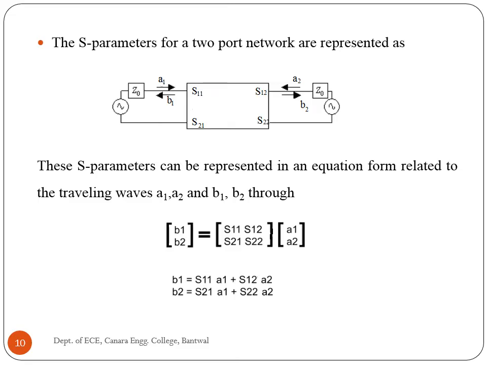S parameters are usually displayed in a matrix format with the number of rows and columns equal to the number of ports. These S parameters can be represented in an equation form related to the traveling waves A1, A2 and B1, B2, where A1, A2 are the incident waves, and B1, B2 are the reflected waves at the respective ports.